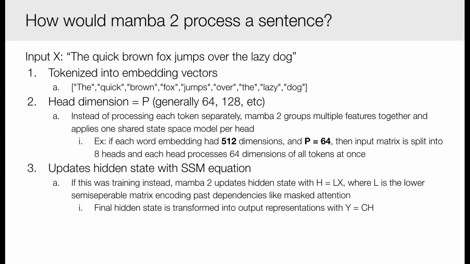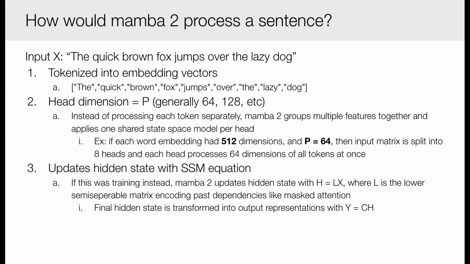So if you had to process a sentence, for example, say the sentence of your input X is the quick brown fox jumps over a lazy dog. You first tokenize your inputs, just like in a transformer. Your tokenized inputs are put into embeddings, and each embedding has a certain dimensionality.